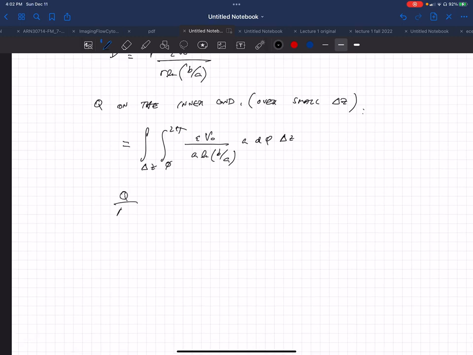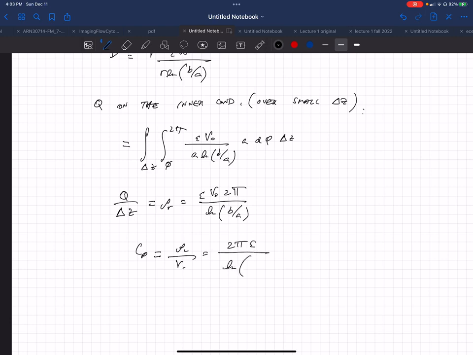And then Q over delta z is equal to charge density, and it's epsilon V0 2 pi over natural log of b over a. So this capacitance per unit length, over V0, ends up being 2 pi epsilon over natural log of b over a.